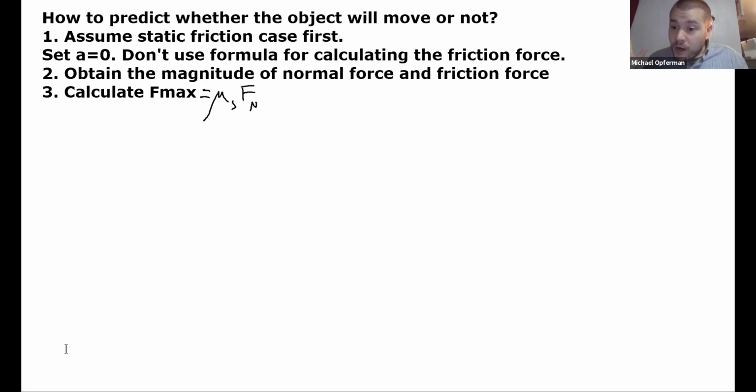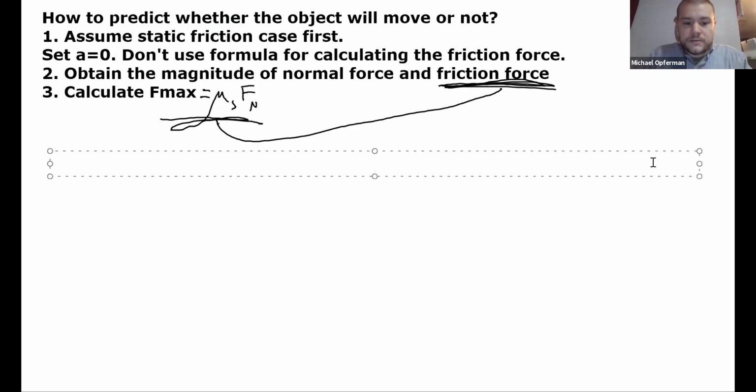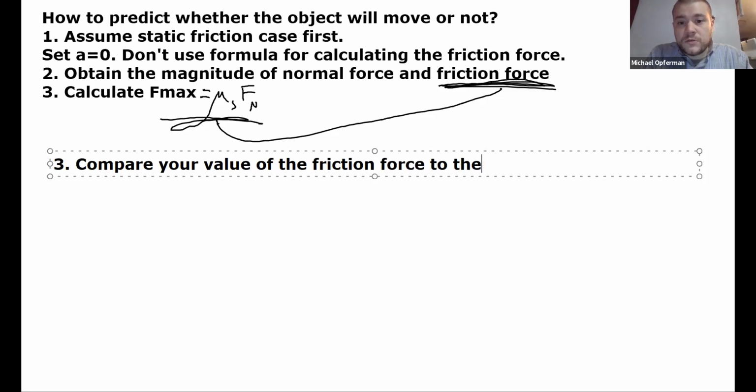So why would we want to calculate the maximum possible value of the static friction force? Well, because we calculated a value of the static friction force here, and then we calculated the maximum value of the static friction force here. So next, you compare your value of the friction force to the F max, the maximum possible value.